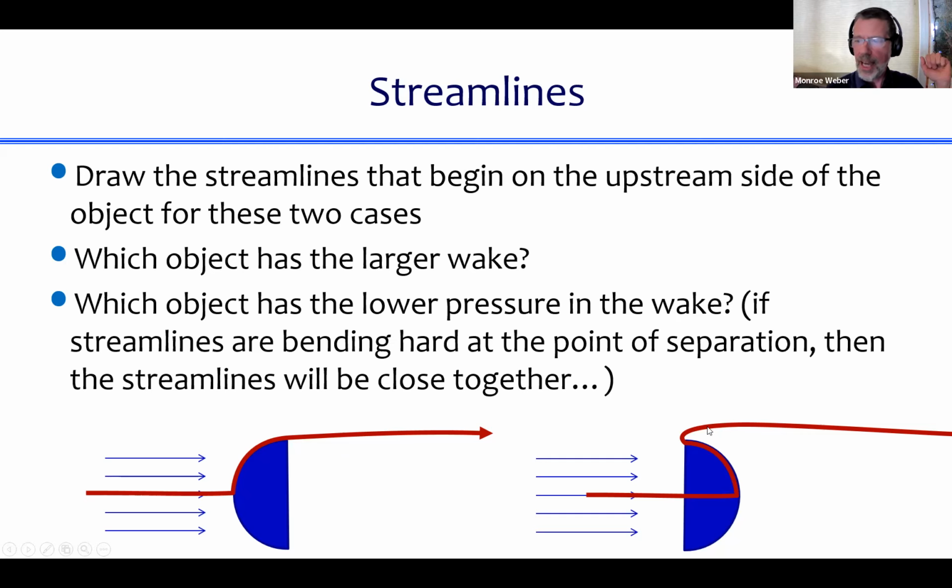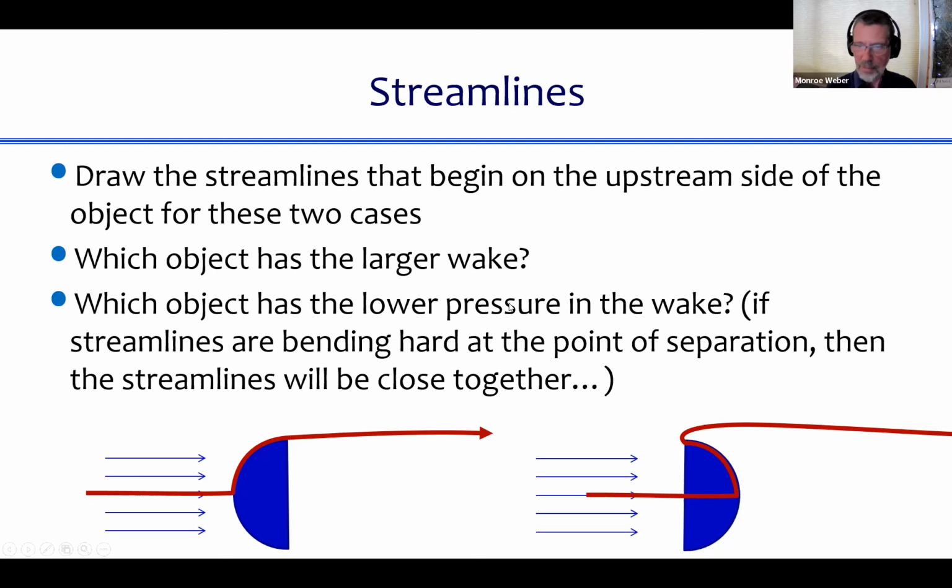So if we look at the dimensions of the wake, which is all the fluid in between the streamlines that are separated from the body, the wake for this second hemisphere is bigger than the wake for this first hemisphere. Are you on board with that? That makes sense? It's because a streamline can't just take a sharp turn. It has to bend slowly.